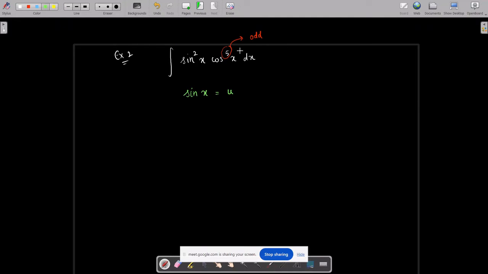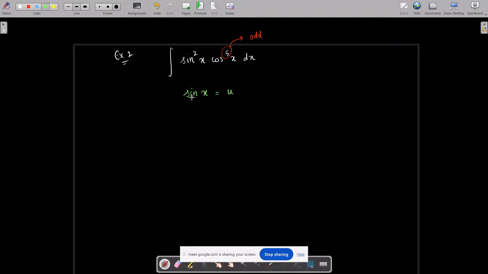In this case, always remember that we want to see even powers. If we have odd powers, we will try to make them even. This odd power will always give us trouble, so we want our exponents to always be even.